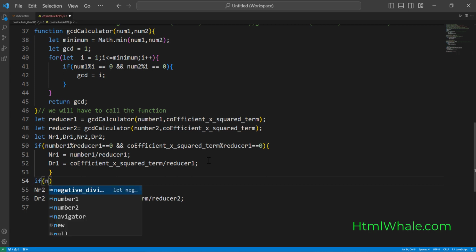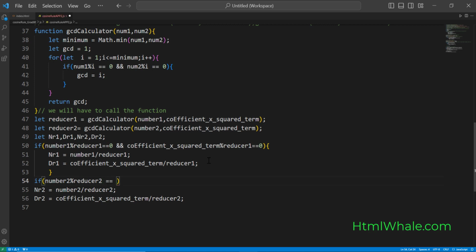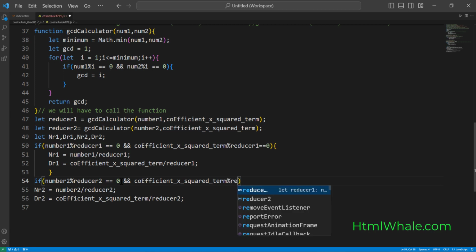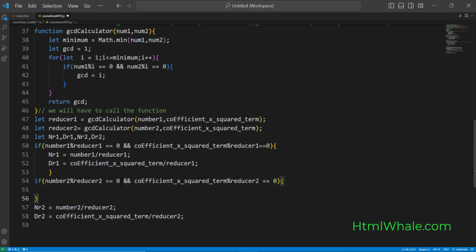So in this case, it's going to be if number 2 modular division reducer 2 is equal to 0, and concurrently coefficient of x squared modular division reducer 2 is equal to 0, then you divide number 2 and you extract the quantity.